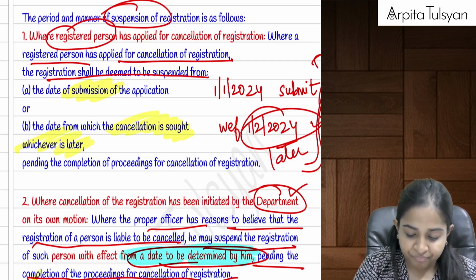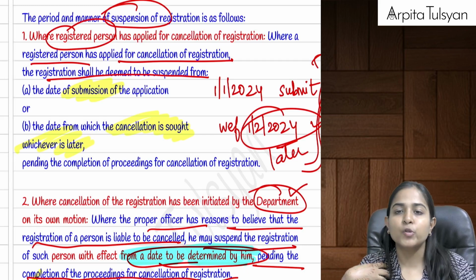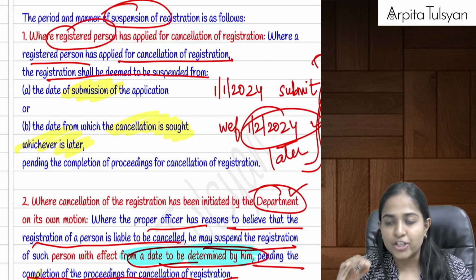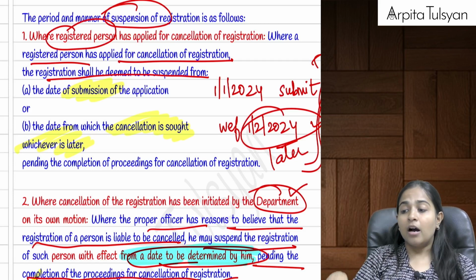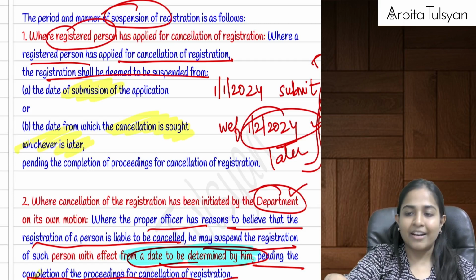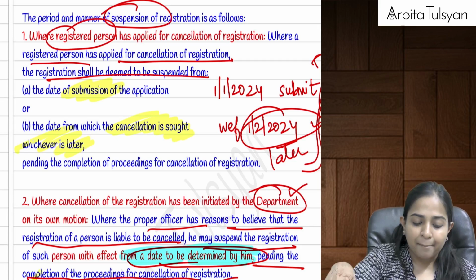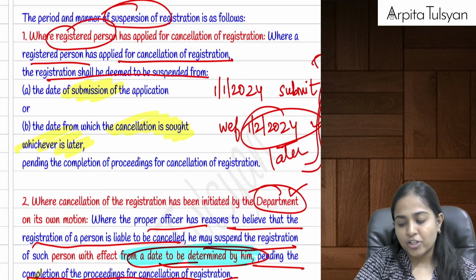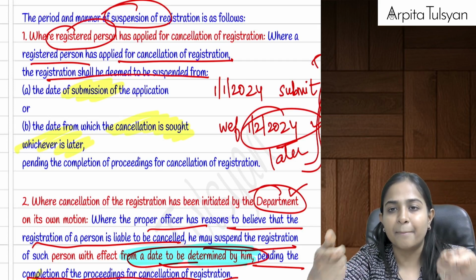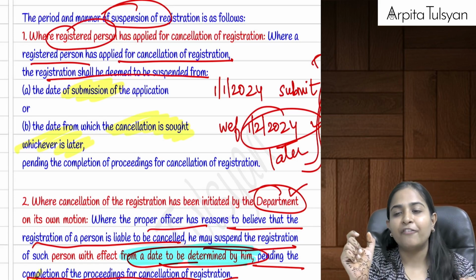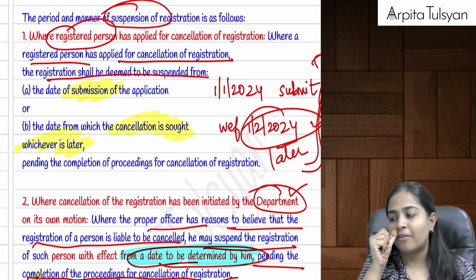Now listen. Let's say I have suo motu applied for cancellation of registration. Imagine I went for cancellation, but the department temporarily suspended it. So suspension will be applicable from which date? Suspension will be applicable from the date on which I am submitting the application for cancellation, or the with-effect-from date which I am telling the department that I want it cancelled from.